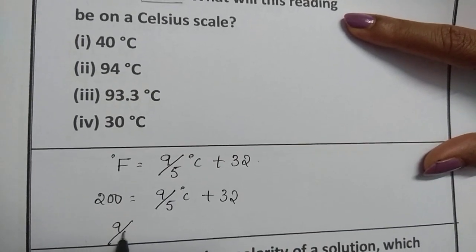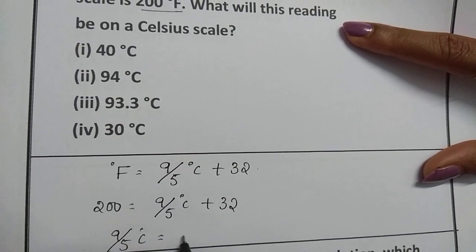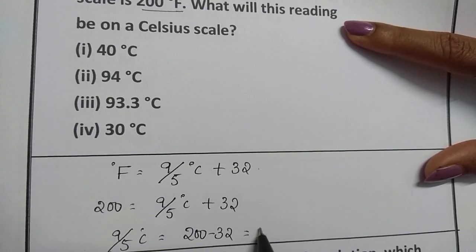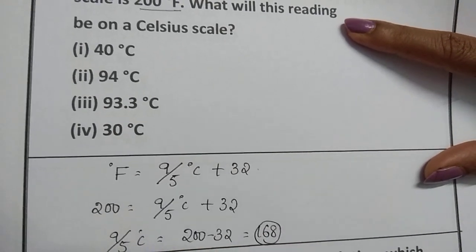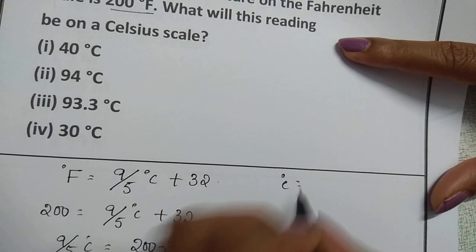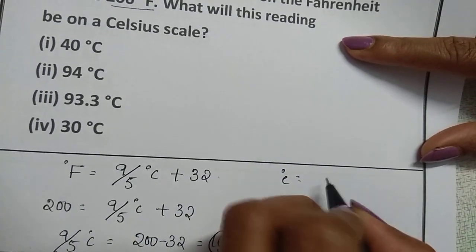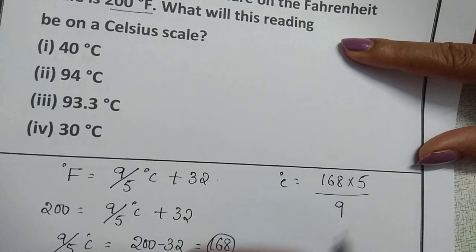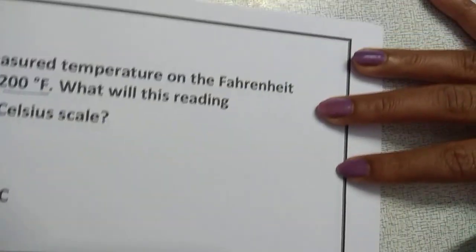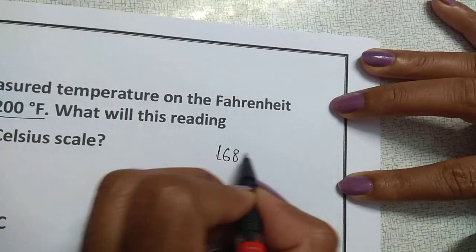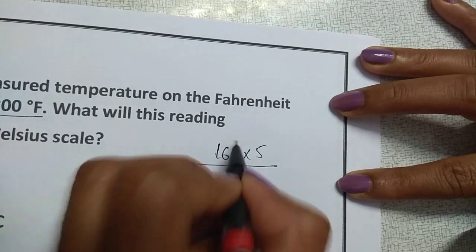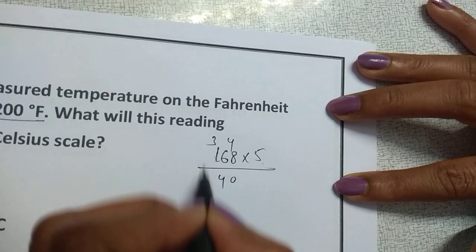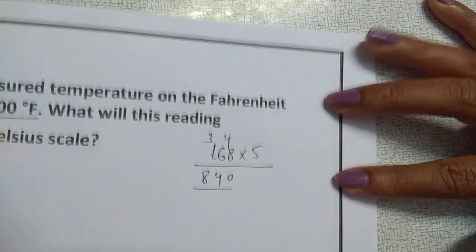Then 9/5 times degrees Celsius equals 200 minus 32, which is 168. Then degrees Celsius equals 168 into 5/9. Now solve this one. 168 into 5 is 840.